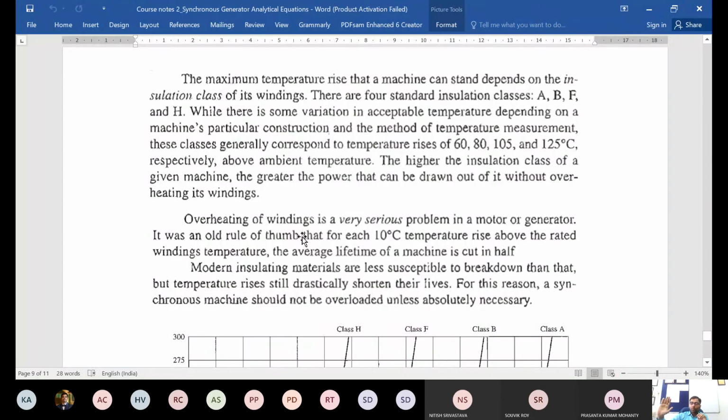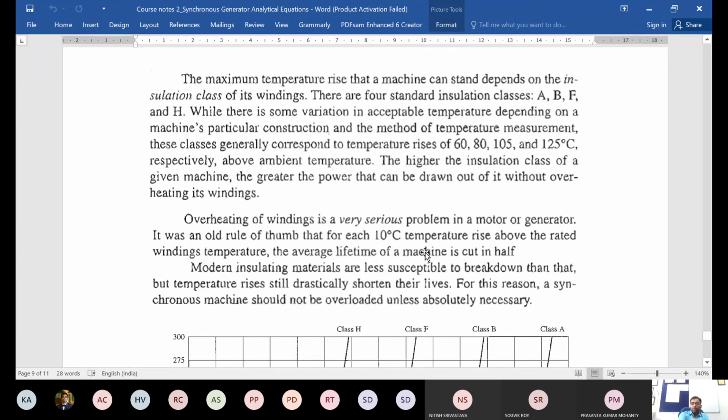So even if it doesn't break down, it's not that you can operate up to 50 degrees Celsius without any harmful effect, and suddenly it goes to 60, then it breaks down. It's not like that. Rather, even if you're operating at 40 or 50 degrees Celsius temperature rise, there is some effect, and that is going to affect the lifetime of the given winding.